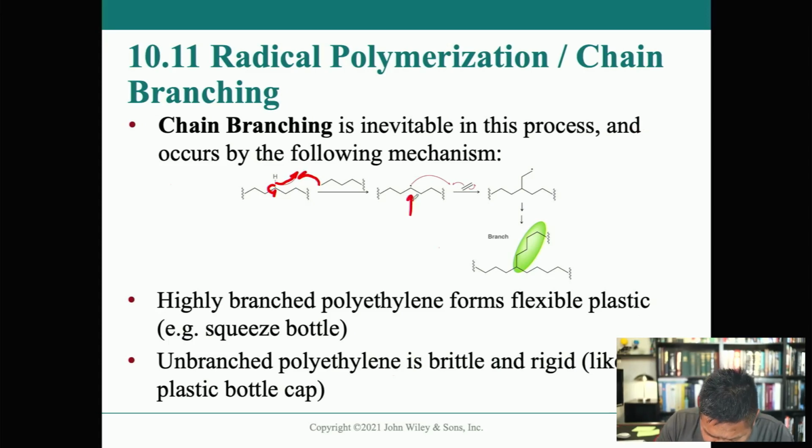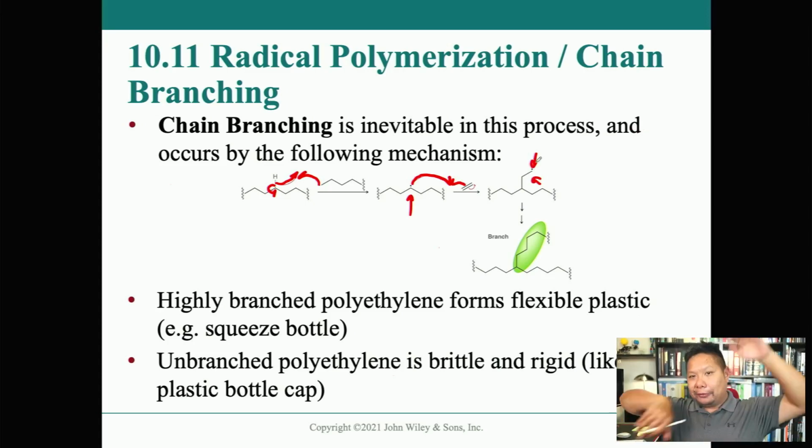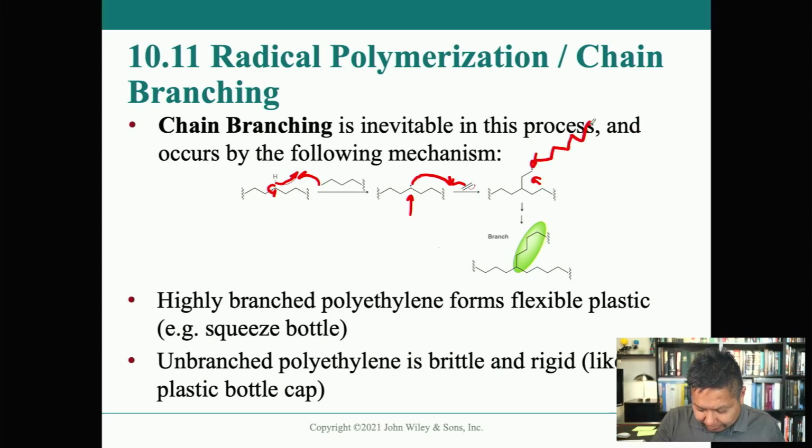And now that radical can go over and do a radical combination, forming an addition with an alkene there. And now you've made a branch chain with a radical at the end of what used to be an alkene. And then that can continue, just like the other chain can. And you can actually have this going on both sides simultaneously.